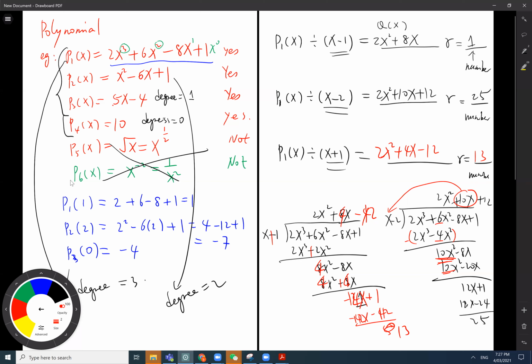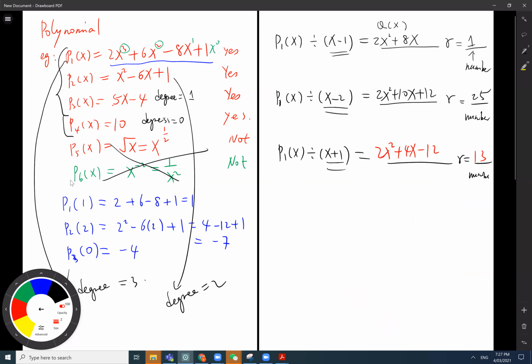But we can really rewrite it. For example, when we divide this, what number did we try?